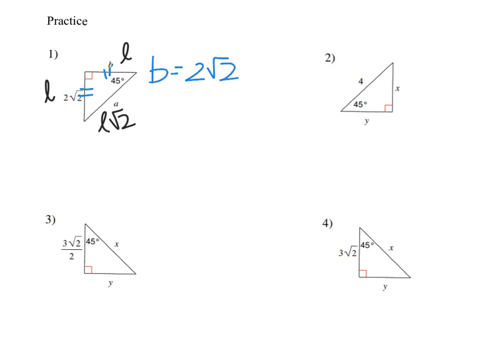Now, in order to find A, it's equal to my leg times root 2. My leg is 2 root 2. So A equals L root 2. It's equal to my leg, which I already know is 2 root 2 times root 2. Now, here's a little trick. Whenever you're multiplying a square root by itself, the square root cancels out.